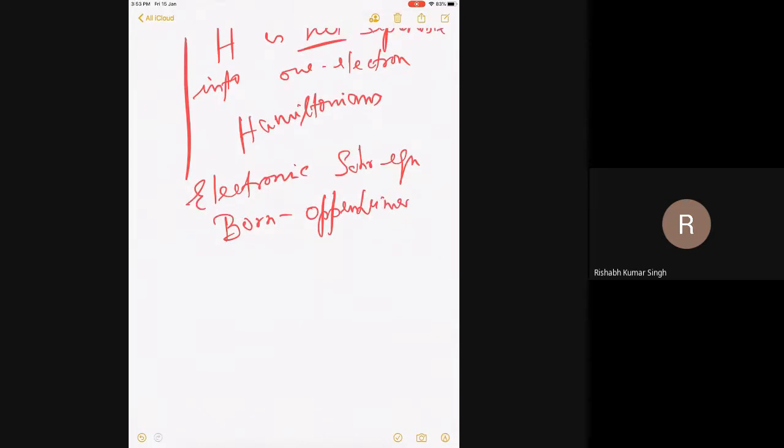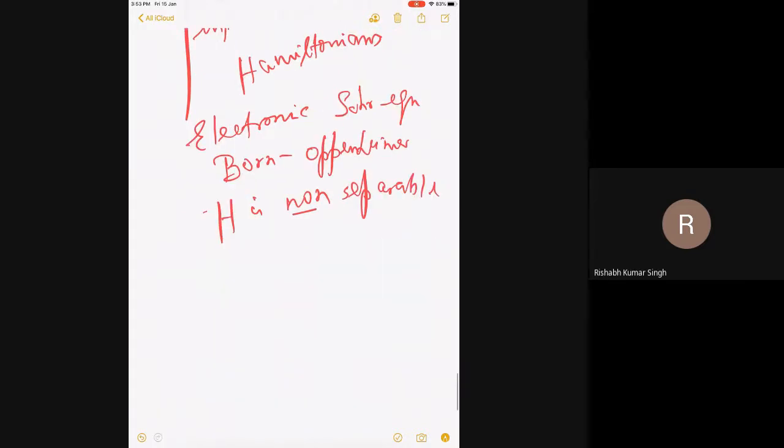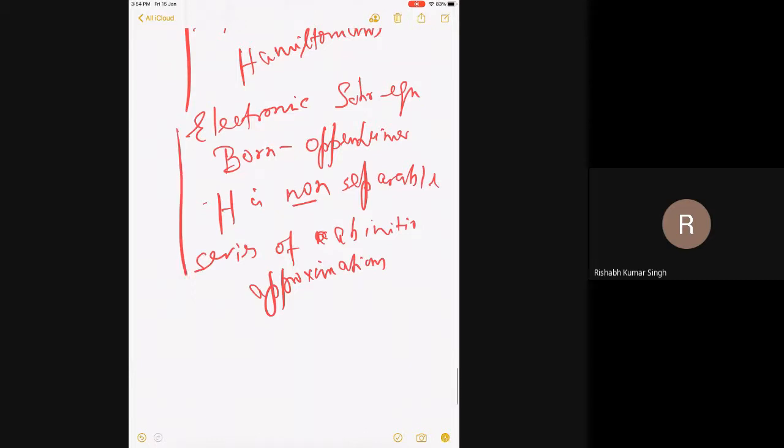Since the electronic Hamiltonian is non-separable, we will develop a series of ab initio approximations. So that would be our emphasis of this course.